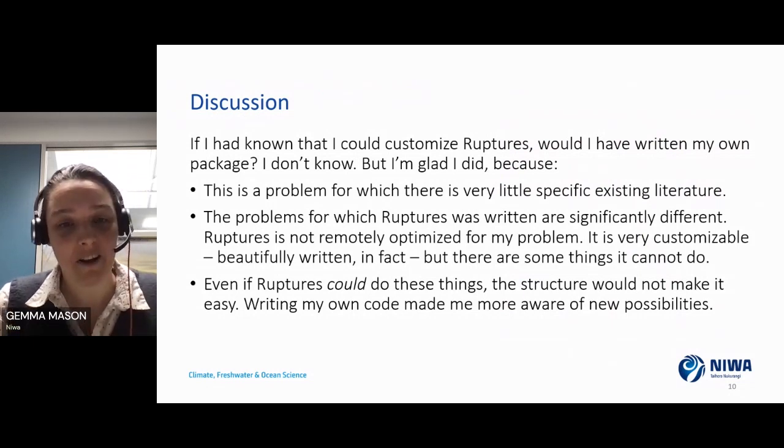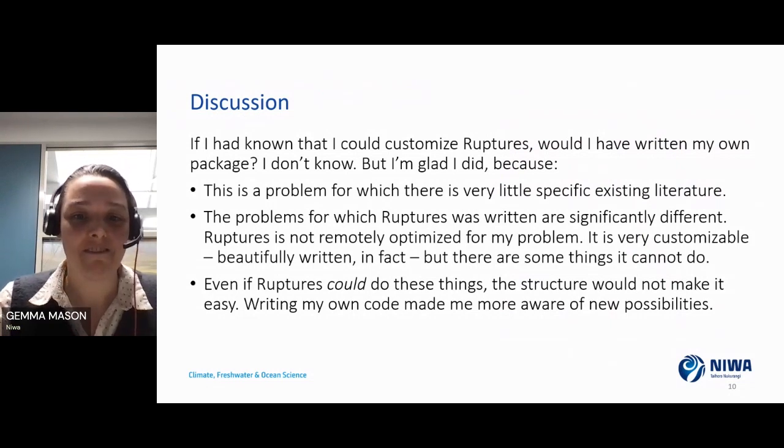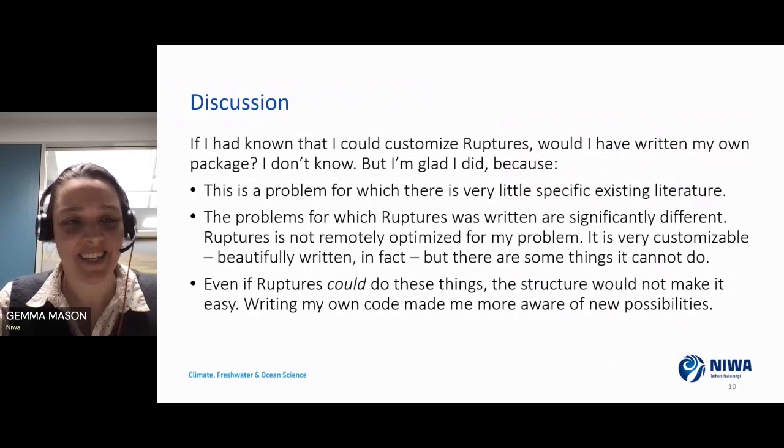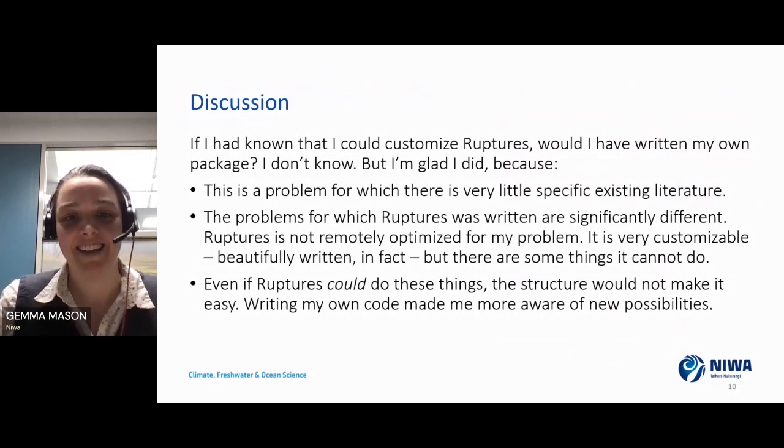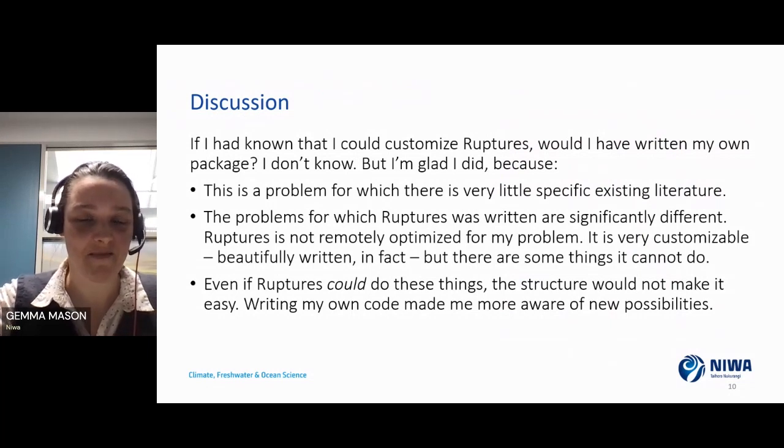And when there's not a lot of prior work, you often find that even when it's really good to know what the existing things can do, it's better to have your hands in the little details and to know that you can just go in and change a thing because you wrote it and you know where everything is. Next slide.